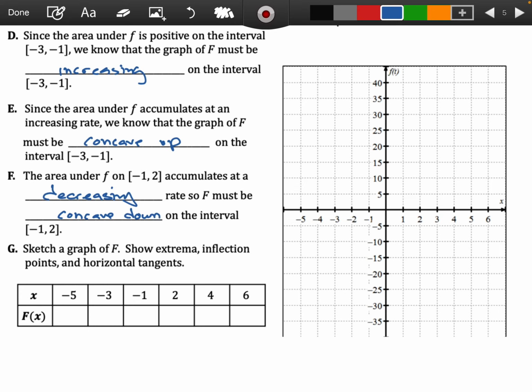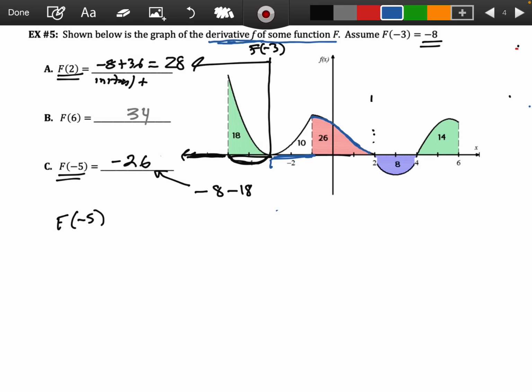And at this point, you should be thinking about the second derivative, right? First derivative test and second derivative test. So how do the first derivative and second derivative relate in the context of this graph, okay? And again, we're just looking at the slopes.